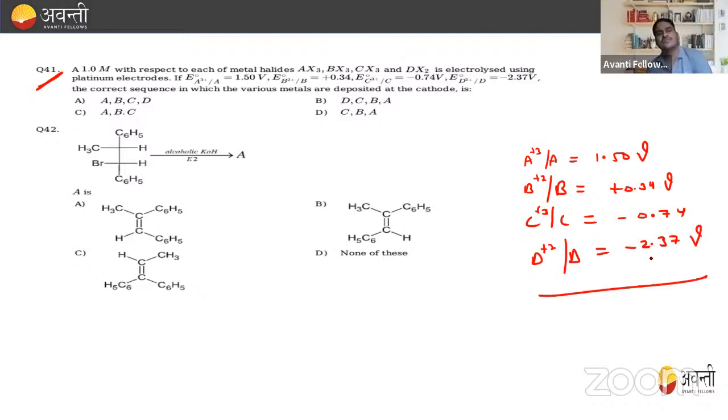Now, out of these four, what is the correct sequence in which the various metals are deposited at the cathode? So you have to find which of the metals A, B, C, D will deposit at the cathode first and which will deposit last, right? For such a question, always remember the reduction potential of water.